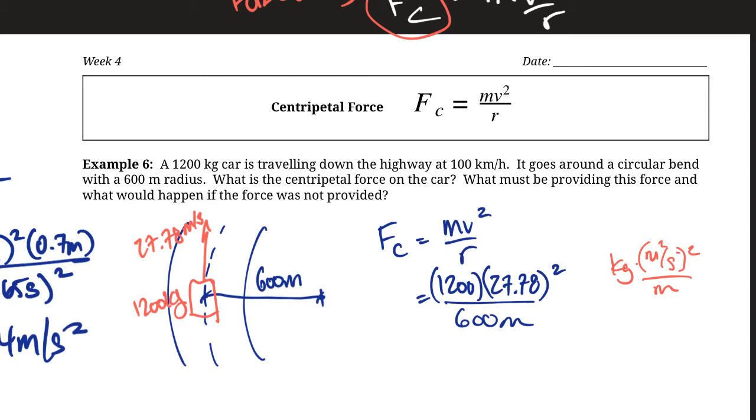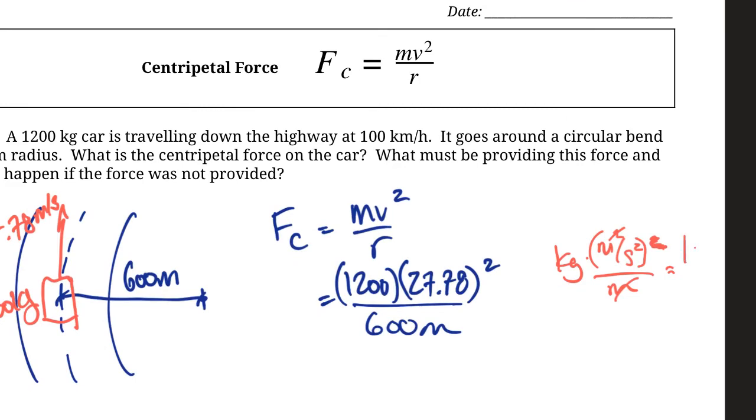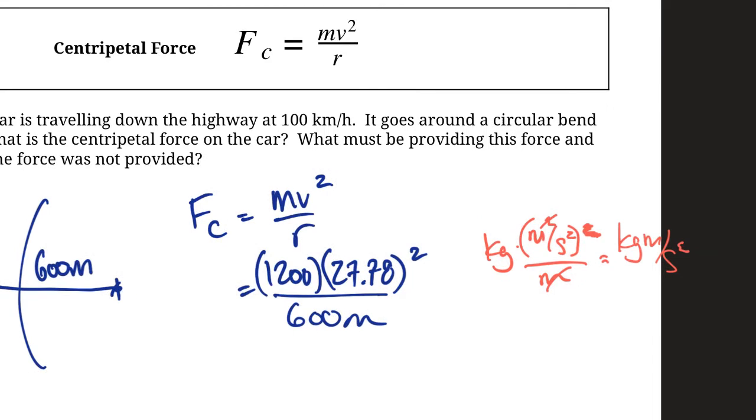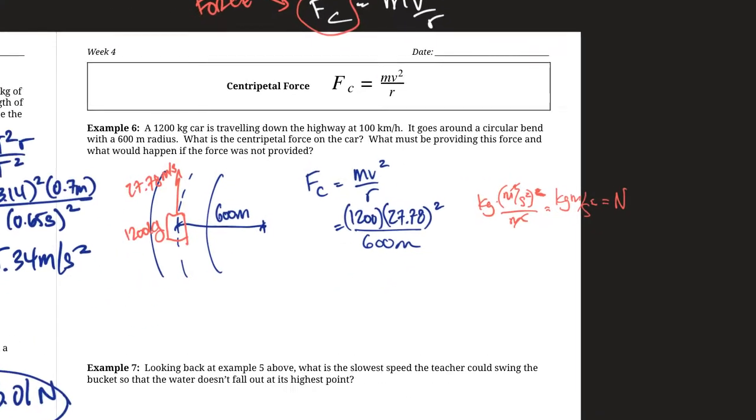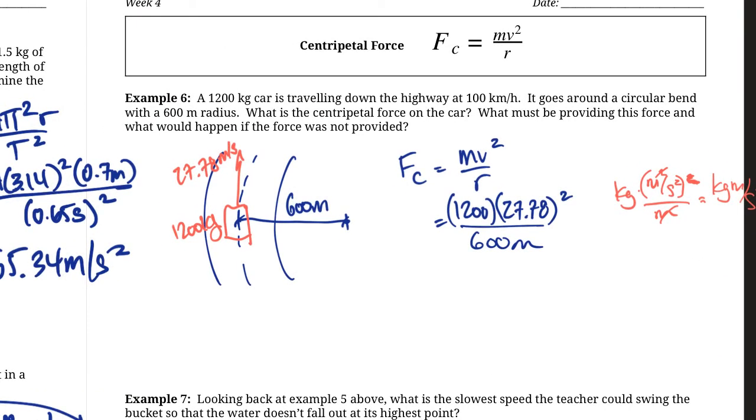So this is going to be squared and squared, right? That's going to cancel out with that, and we end up with kilogram meter per second squared. Which, hopefully you remember, is what a Newton is defined as. It's a kilogram meter per second squared. So our units check out, basically.